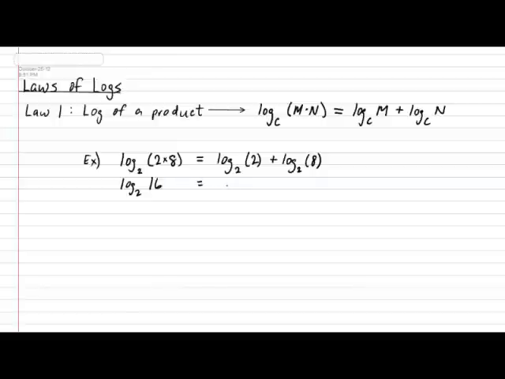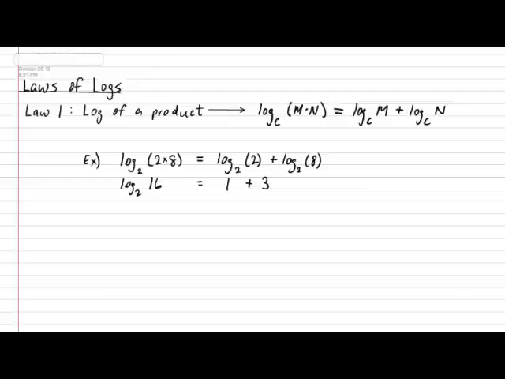Log base 2 of 2 is equal to 1. Why? Just a little reminder, it's because 2 exponent 1 gives back the 2. And the other expression, log base 2 of 8, is equal to 3. And again, a little reminder, this is true because 2 exponent 3 gives back the 8.